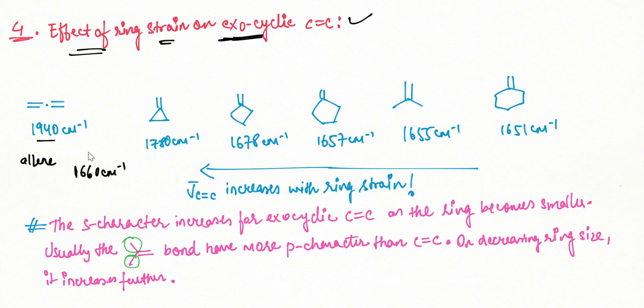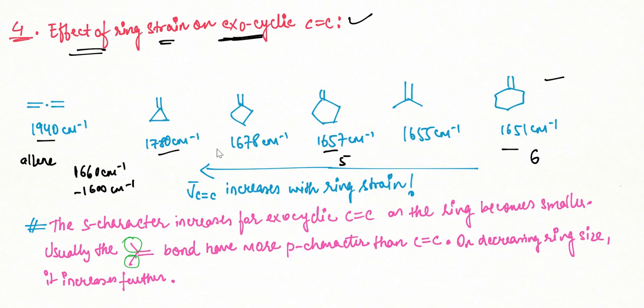Now when we are starting from a 6-membered ring, we can see the value is in the range 1660 to 1600 centimeter inverse. And when we are decreasing the ring size, the 6-membered ring over here is 1651 centimeter inverse. The 5-membered ring is 1657 centimeter inverse. The 4-membered ring is 1678, and the 3-membered ring is going to be 1780 centimeter inverse.